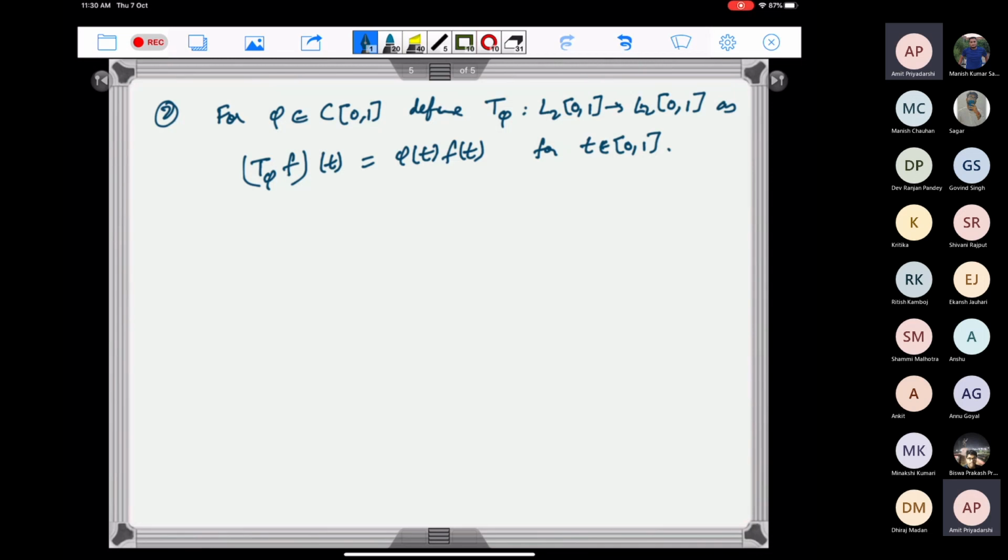So what is T star? Just check that. The adjoint of this T phi is equal to T phi bar. So the adjoint of the multiplication operator by phi is the multiplication operator by phi bar.